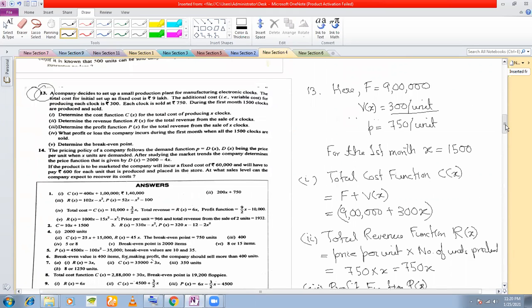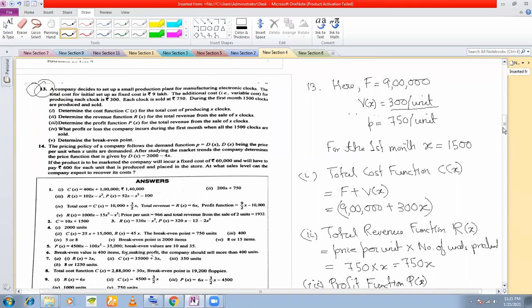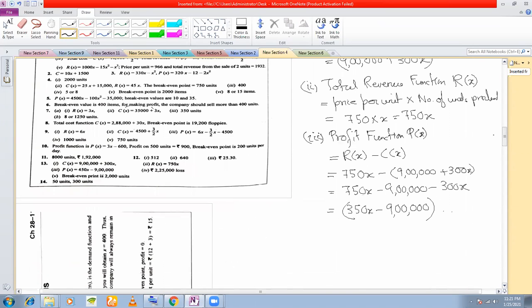And finally, your last question, second last. What profit or loss does the company incur during the first month? Sir, it will be 450. 750 minus 300, 450.